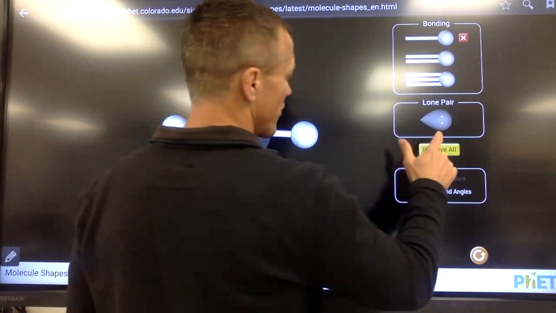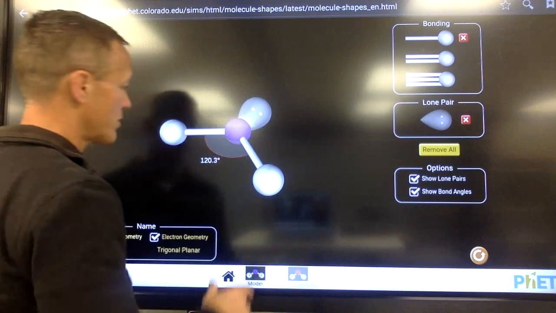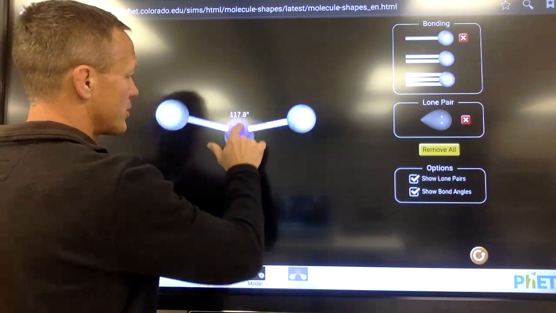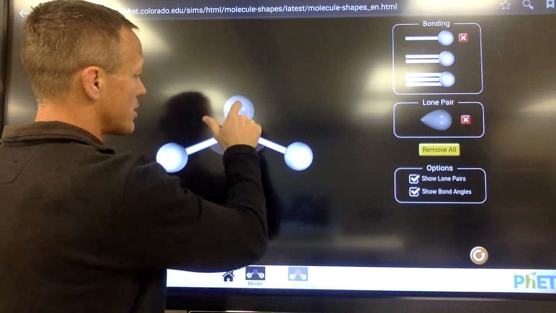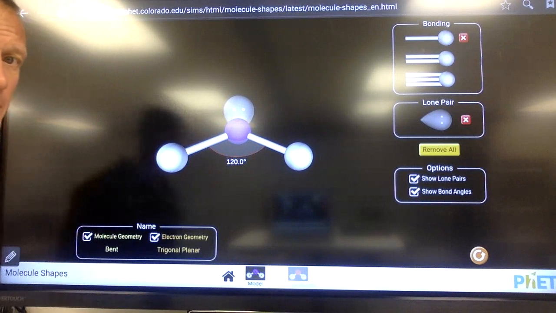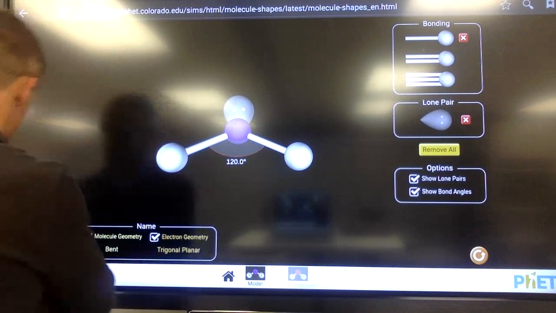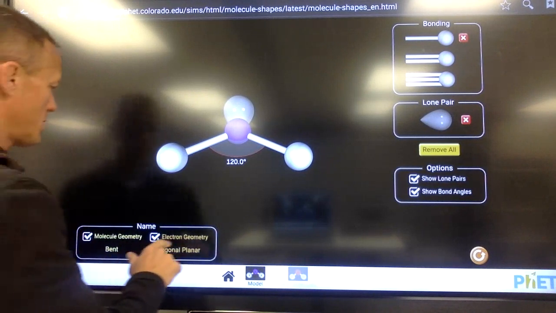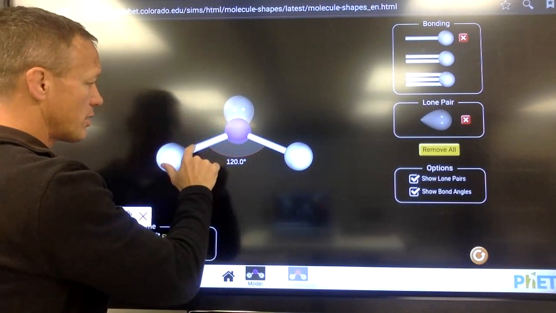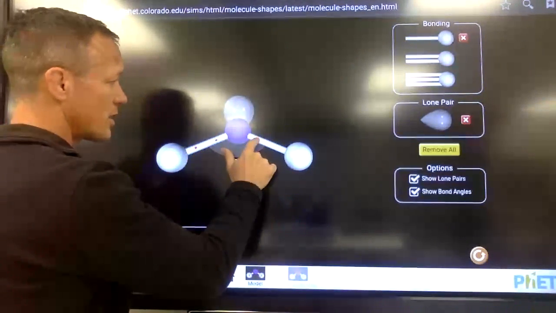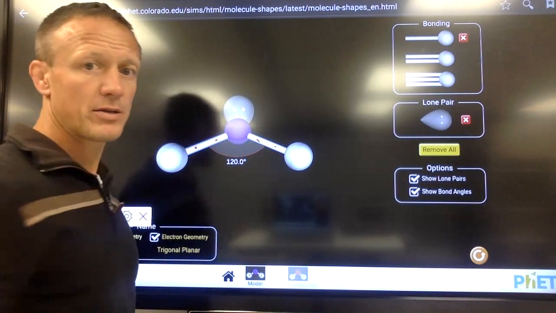If there was an unshared pair of electrons on there, now we have 2 electrons there, electrons in this bond, and 2 electrons in that bond.